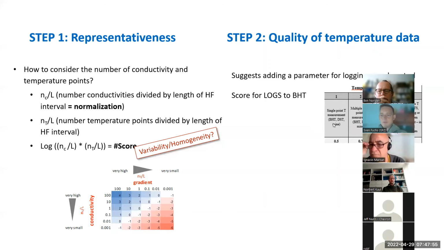So of course we could refine it and assume that we have also single point temperature measurements that are probably numerically corrected or are measured after a long perturbation, after a long shut-in time. And then we assume that the scoring of those single point measurements is much higher than the 0.5.